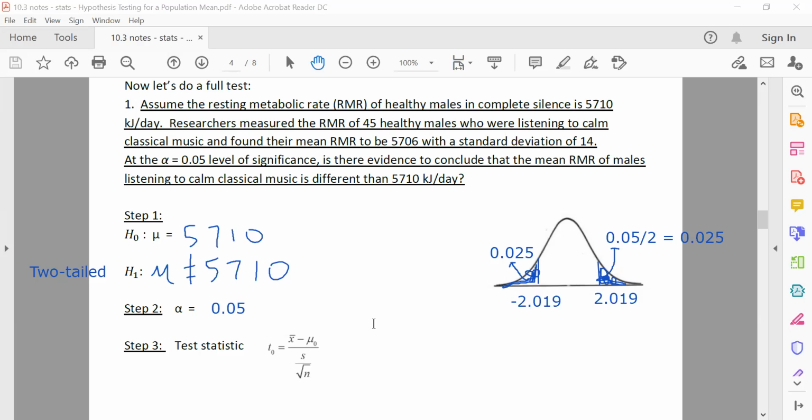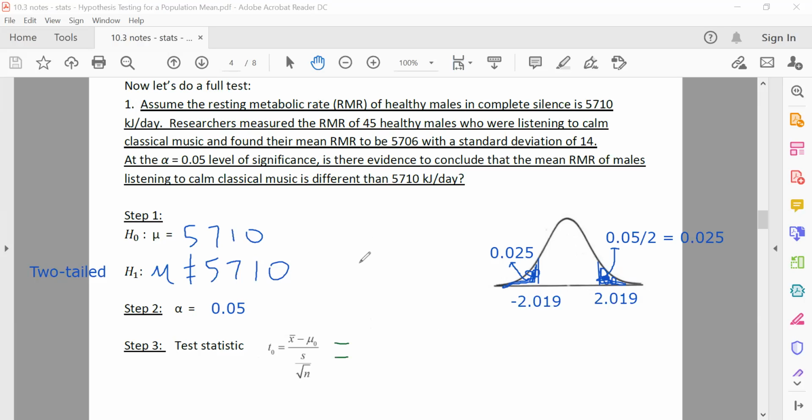So the way it works is if I calculate my test statistic and it falls between negative 2.019 and positive 2.019, I'm going to fail to reject the null hypothesis because anything here in the white region is normal under the null hypothesis. But if it's less than negative 2.019 or greater than positive 2.019, I'm going to reject.